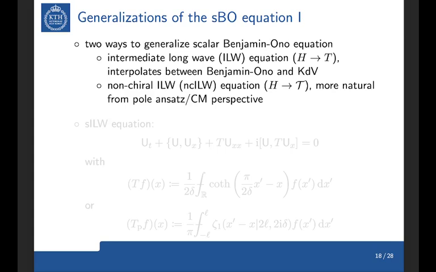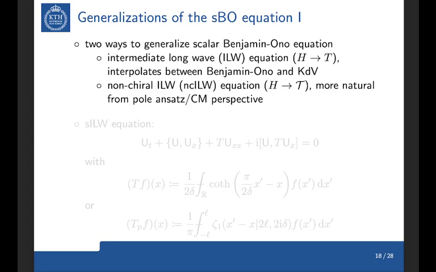And this is more natural from a pole ansatz perspective, or trying to find relations to CM systems. Essentially, it has to do with the fact that this matrix T operator has eigenfunctions, while the conventional T operator does not. And this is very nice and very useful from a pole ansatz perspective.